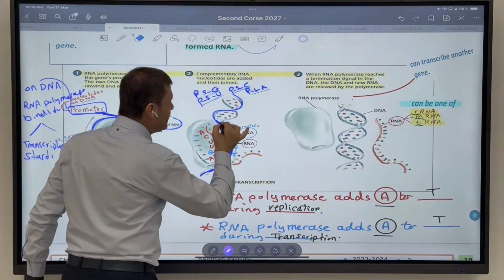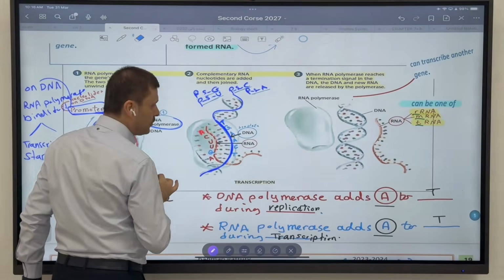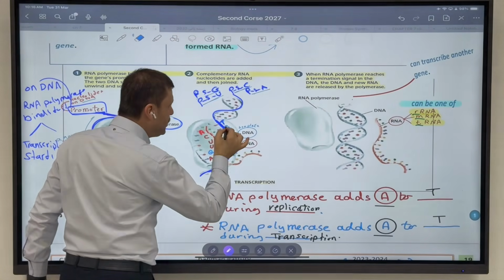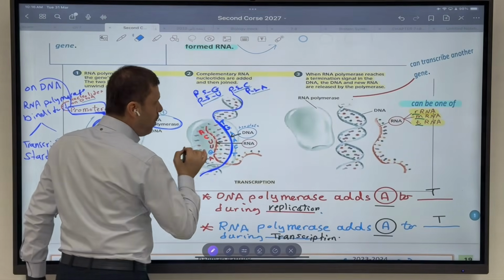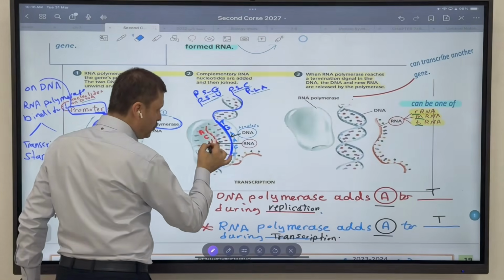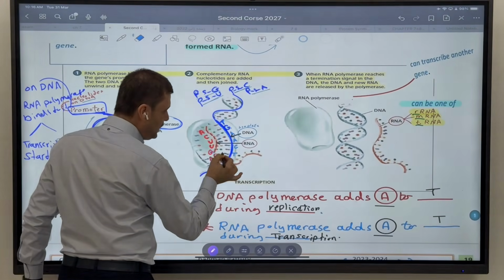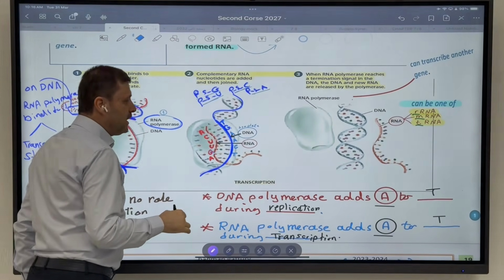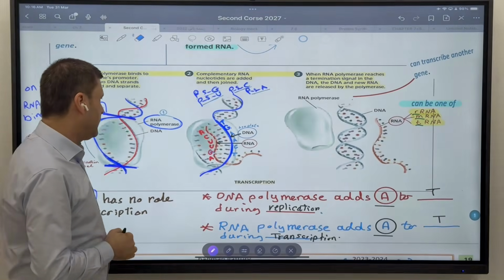So when there's T in the DNA, it adds A. When there is G, it adds C, and so on, A, U, C, G, T, A, until it reaches the termination signal.